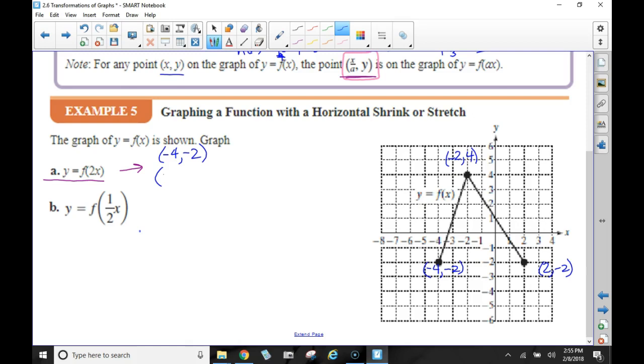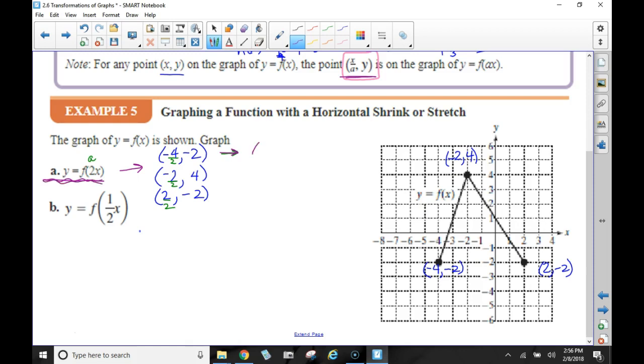Okay, then another key point that we have labeled on our graph is -2, 4, and then 2, -2. All right, now on this one, our value for a is 2. And so if we come along here and divide each of these by a, divide by 2, that'll give me some new key points on my graph of y equals my function evaluated at 2x.